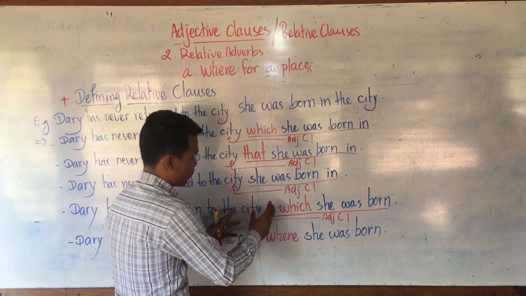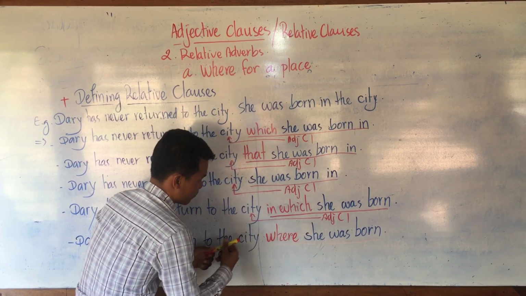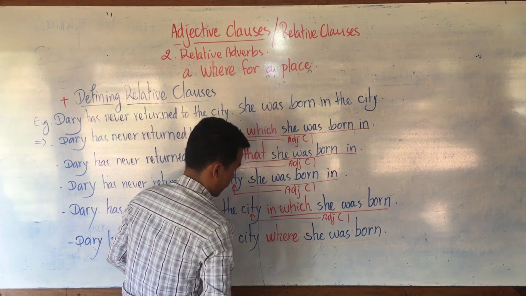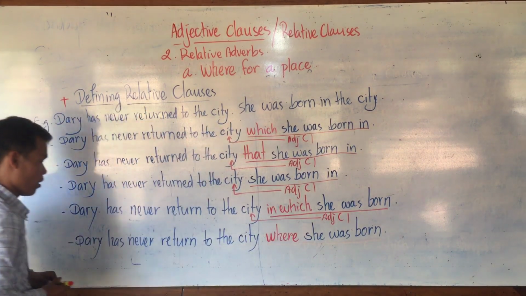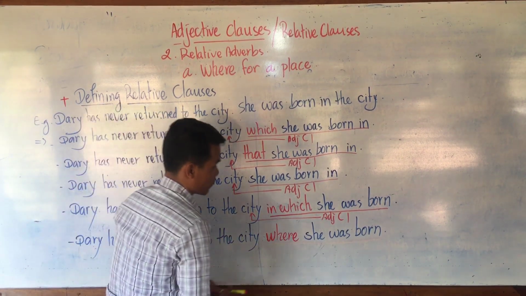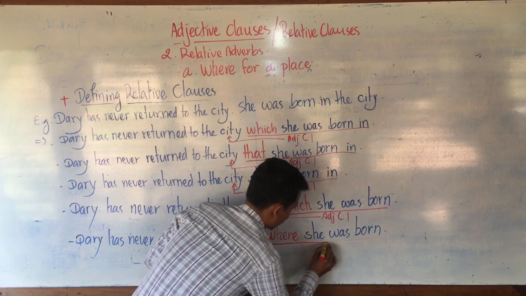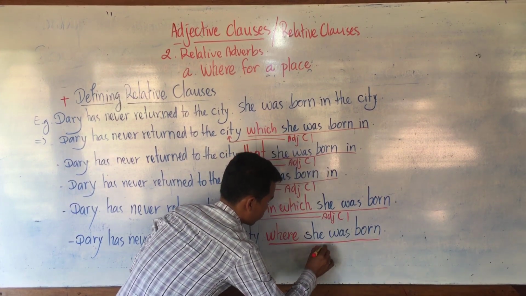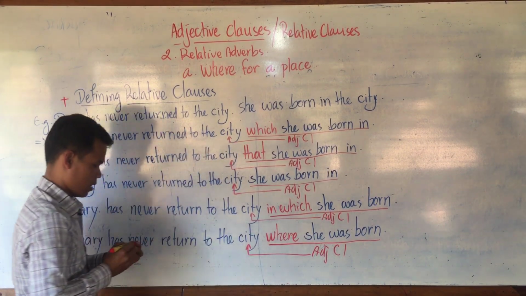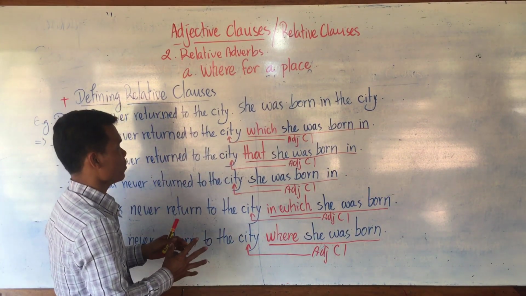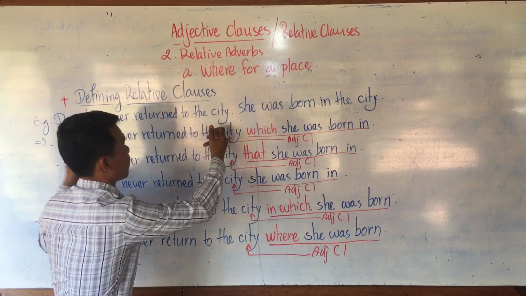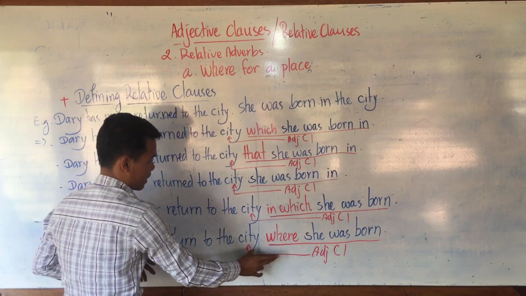Then we can use where; in which here means where. So we can write another sentence. It is where she was born. So the whole sentence is that Dary has never returned to the city where she was born. So where she was born here is the adjective clause. It modifies the city. From the two simple sentences like this, we can write this adjective clause.